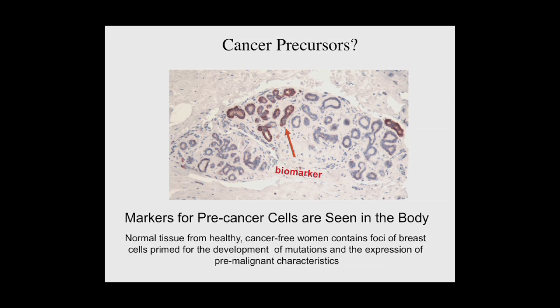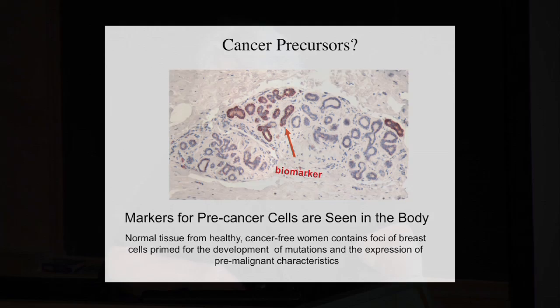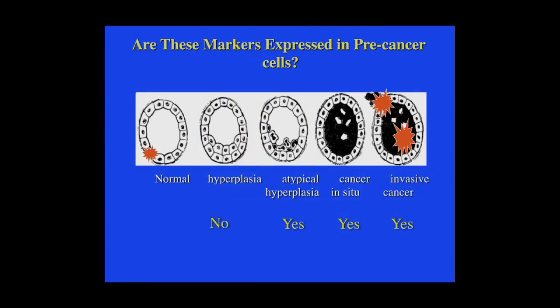And it turns out that when you start to see the cancers emerge in the tissue, they always come out of these little patches of cells. So that is a step forward, because if we can address these cells, perhaps we can do something about them. If we see these little patches of cells in normal tissue, and they have many of the characteristics that we see in full-fledged tumors, one might hypothesize that these are precursors to tumors.